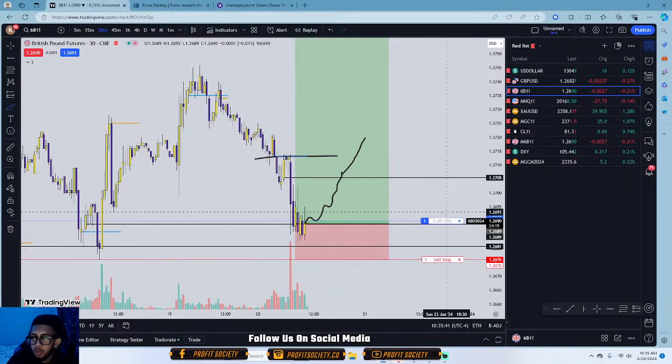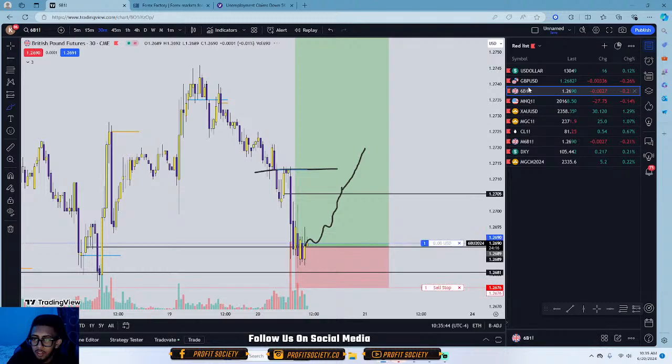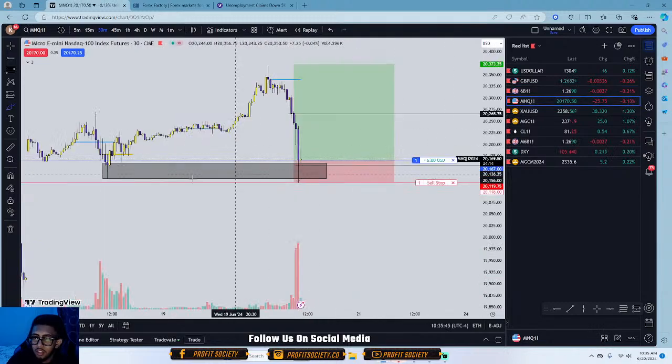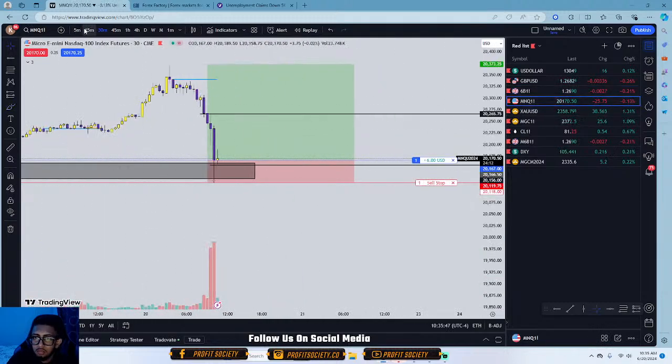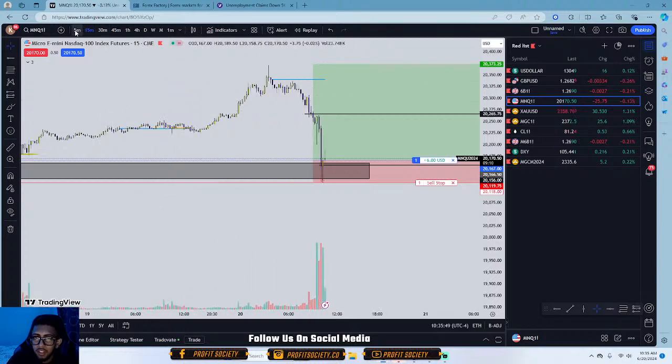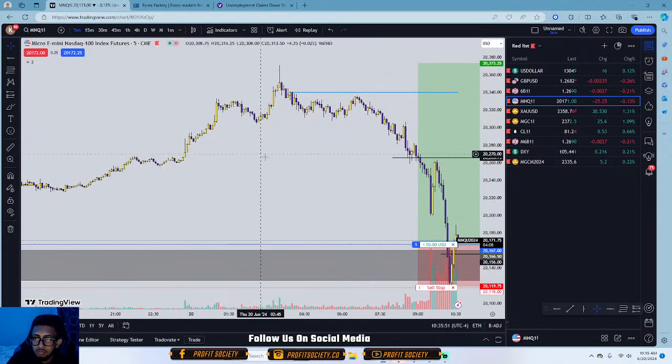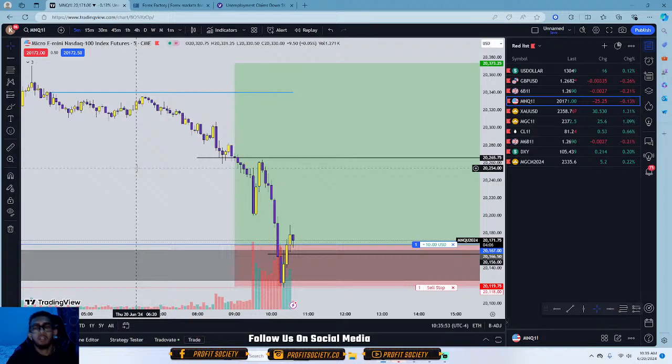GU is not really moving, honestly. The pound is not really moving. Same with NASDAQ. Not really moving.